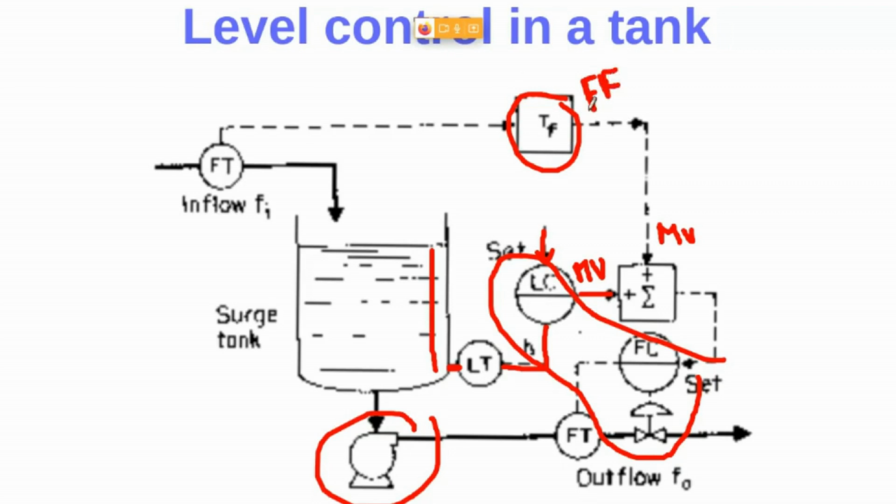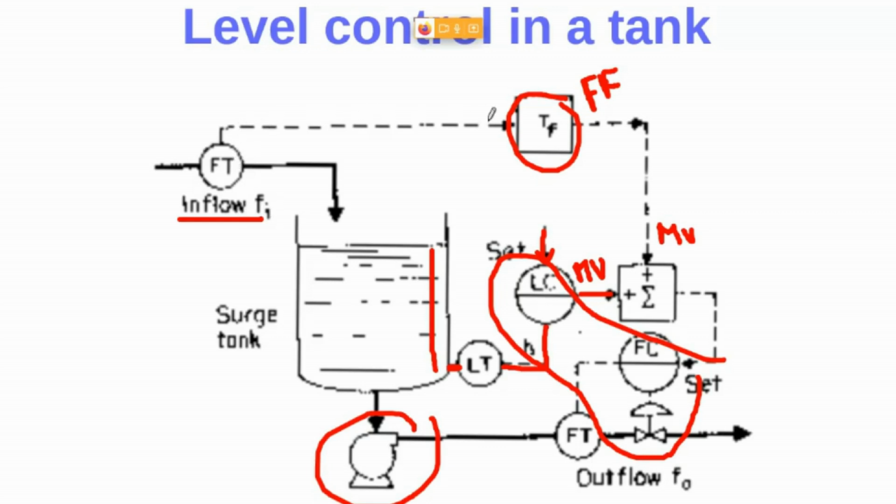And the aim of this controller is that it measures, or it is given the measure of the inflow. This could be a disturbance, a change in this inflow variable, right?